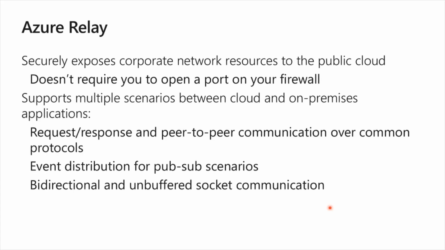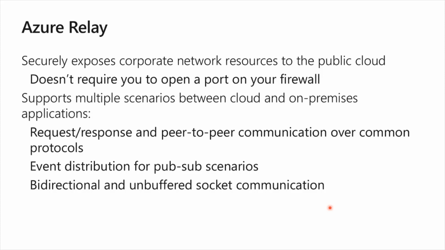Azure Relay service enables you to securely expose services that run in your corporate network to the public cloud. You can do so without opening a port on your firewall or making intrusive changes to your corporate network infrastructure.